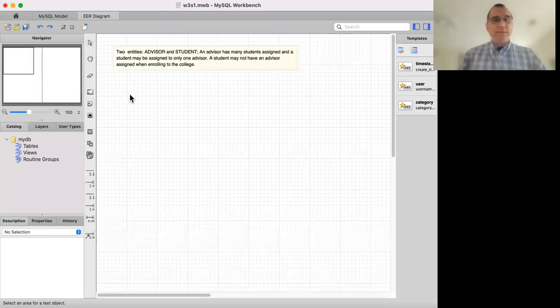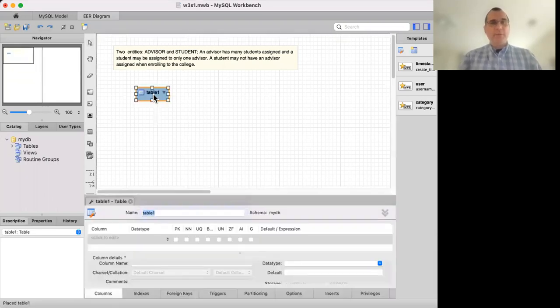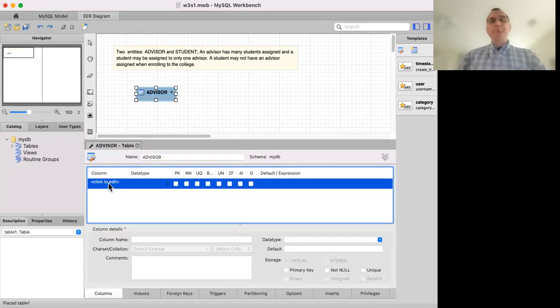So let's go on. I have two entities, advisor and student, and we'll need to decide what they represent. Let's take one entity, advisor, and put a minimal number of attributes.